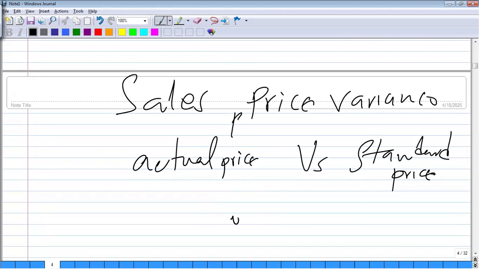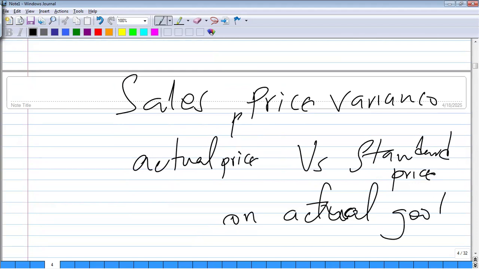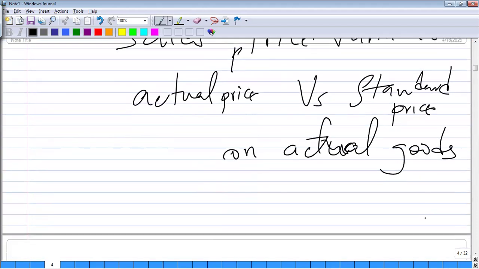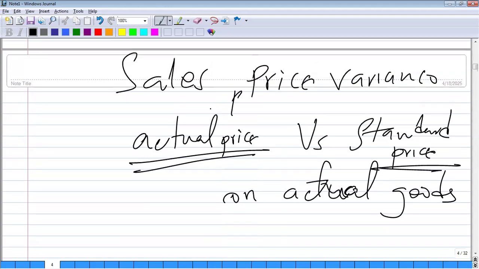On actual goods. So we shall compare the standard price versus the actual price and multiply with the actual quantity of goods sold. Whatever difference we get, we multiply it with the actual quantity, not the budgeted quantity of goods sold. So you're going to get your actual and compare it with the fixed sales budget. That will give us the sales price variance, comparing actual price versus the planned price.